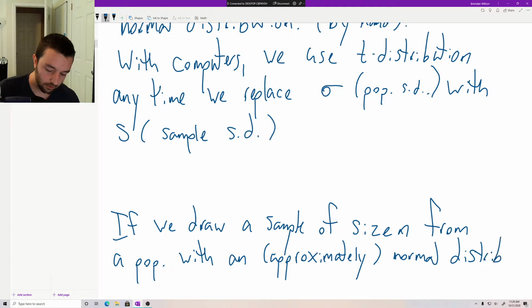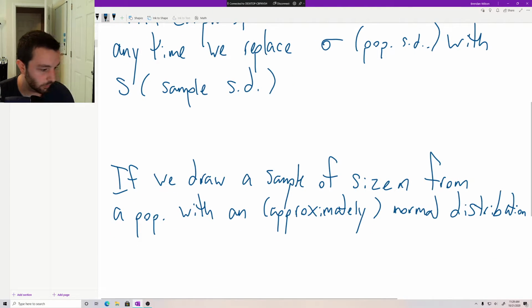Okay. So this is just like last time. We were taking our sample from a population with an approximately normal distribution. Really it's from a normal distribution, but we say approximately because it's not always going to be exactly normal, but in practice it could be close enough, right?